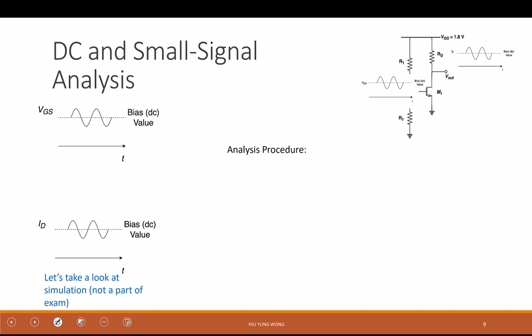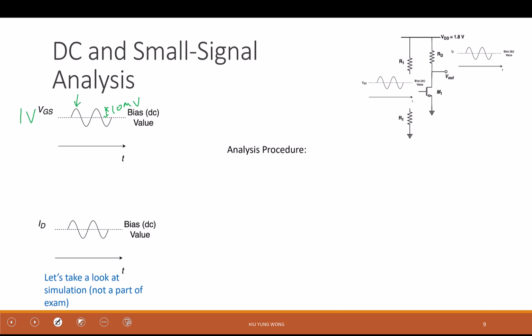I have a VGS, for example, I bias the gate. What does it mean? I actually may bias it at 1 volt. I need to have a 1 volt. And then I apply some signal to it. This signal may be 10 millivolt peak, right? So what is the value of the real signal?